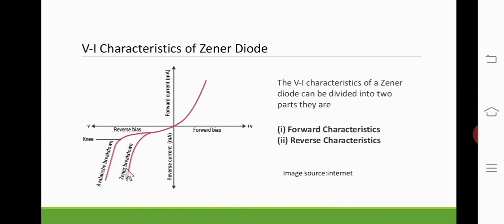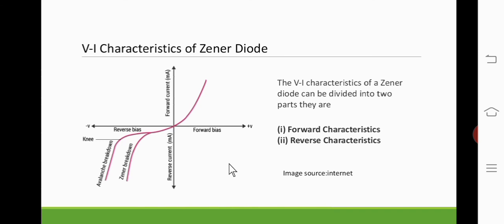First you should know what the breakdown voltage is, and afterwards what zener breakdown and avalanche breakdown are. Let me revise: in reverse bias, if we start increasing the voltage, the current in the PN junction increases, and at some point it reaches the maximum current.